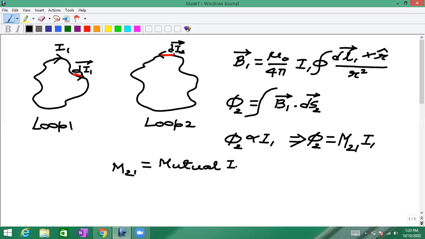It is mutual inductance, or it is also called the coefficient of mutual induction, between the two loops, 1 and 2. Fine.